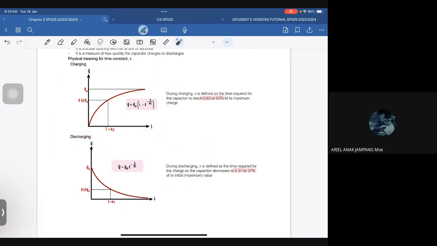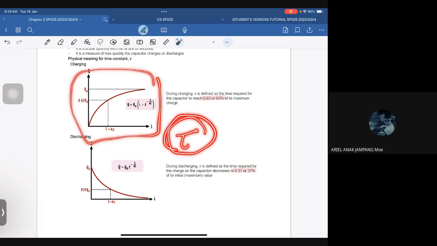Lepas tu yang part yang kamu kena ingat is what is the definition of time constant. The definition of time constant untuk charging is 63% of its maximum charge. Yang ini kamu kena ingat sendiri, sebab usually dia akan bagi kita graph macam ni, lepas tu dia bagi tahu itu untuk charging. So kamu kena tahu.